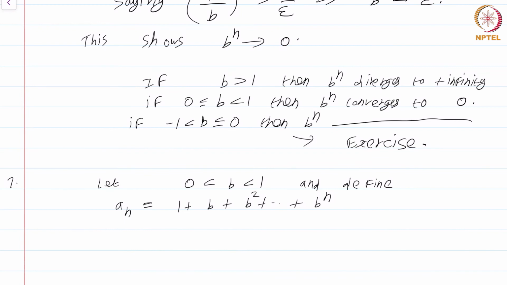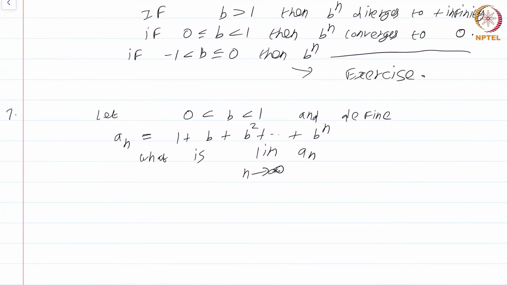What is the limit of a_n as n goes to infinity? All of you know the answer. It's just 1/(1 - b). This is called the geometric series: 1 + b + b^2 + ... and so on all the way up to infinity.